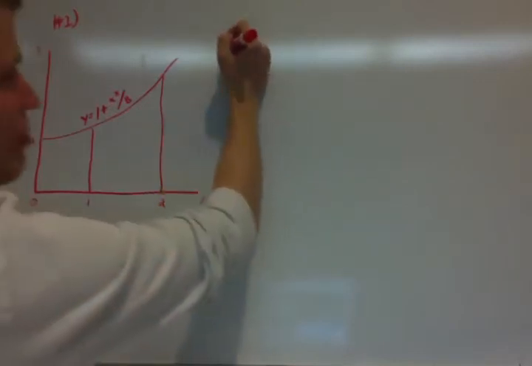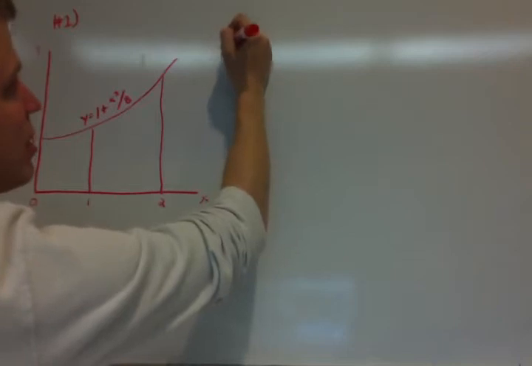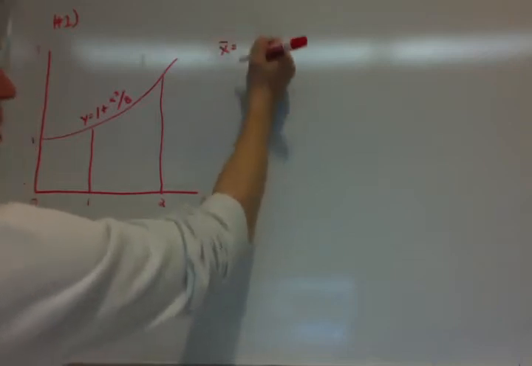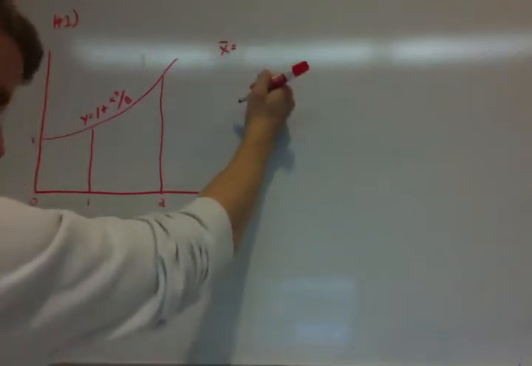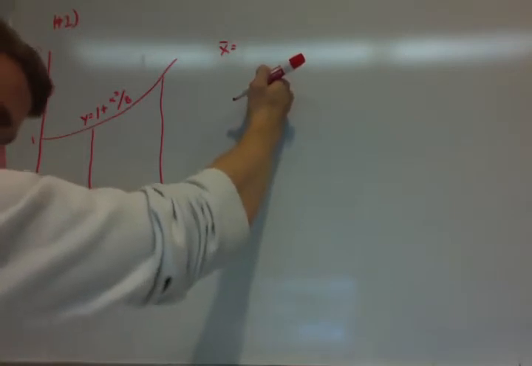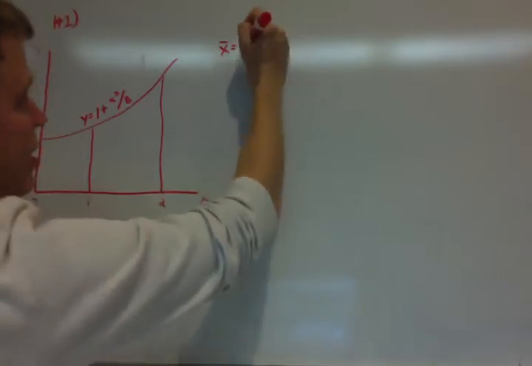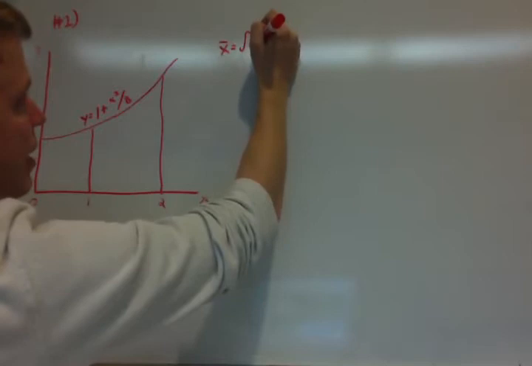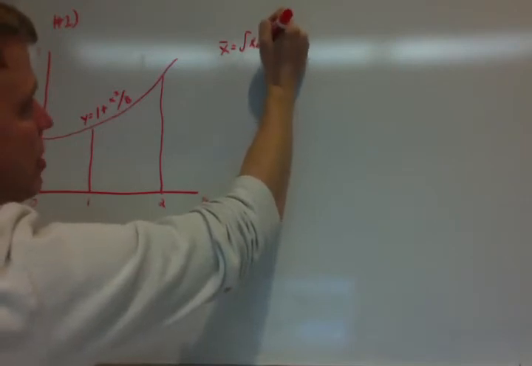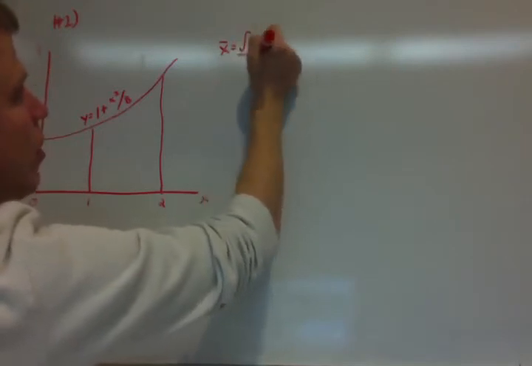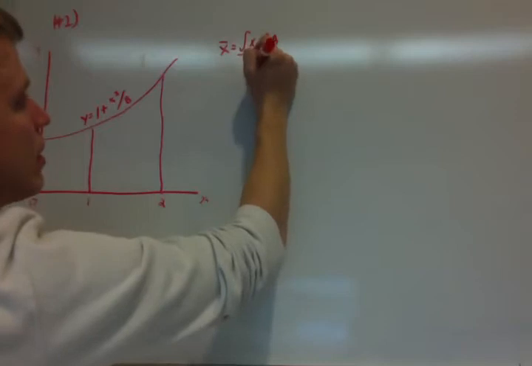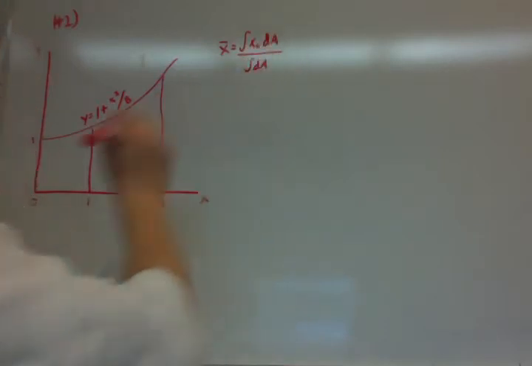Alright, so when we're doing these problems, the overarching goal is to find an x bar, right? So x bar, as we discussed in class, is going to be the integral of the x of the centroid times the derivative of the area, over the integral of the derived area.